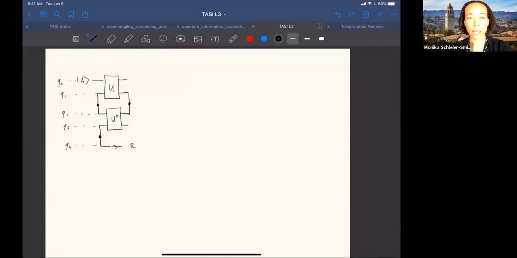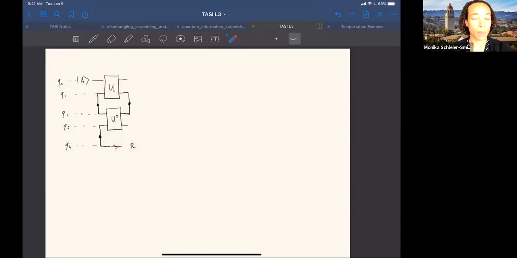So generically, it's not certain that that's the measurement outcome he will get. But if this is a scrambling unitary, then with high probability, Alice's qubit is going to end up being teleported to here.